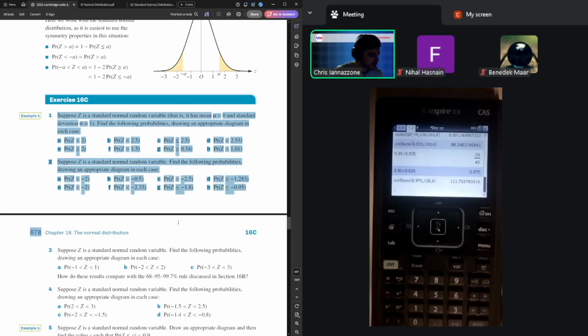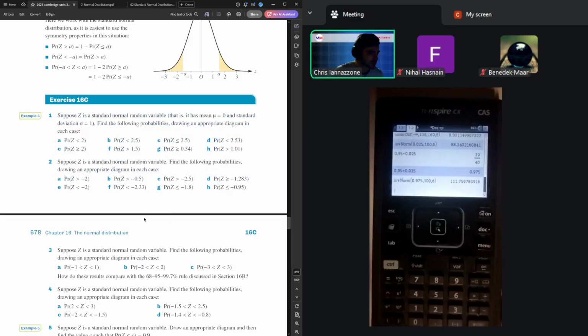Okay, so the first set of questions in this is pretty much just getting you used to Z. It works exactly the same way as when we were finding the probability of X being less than something. In fact, it's even easier. Actually, this is going to be tech active because they start using non-integer standard deviations.